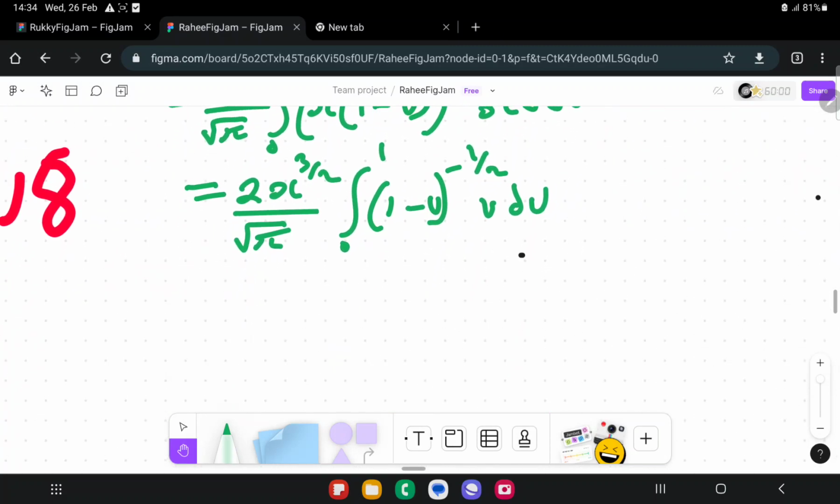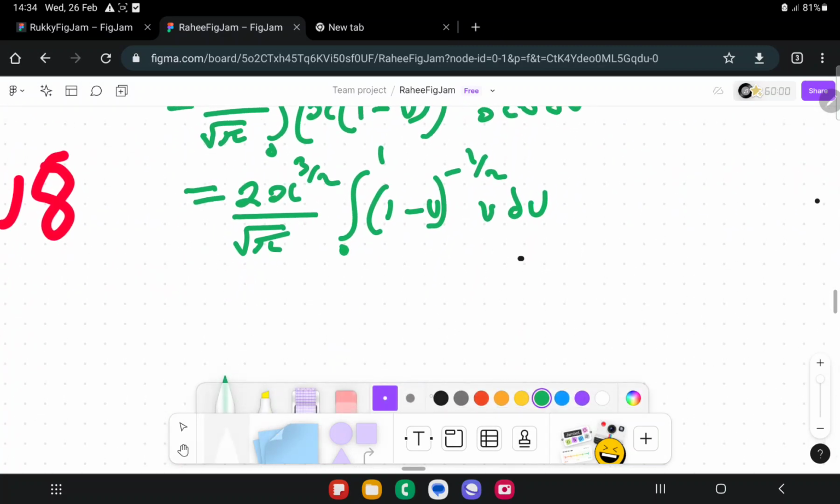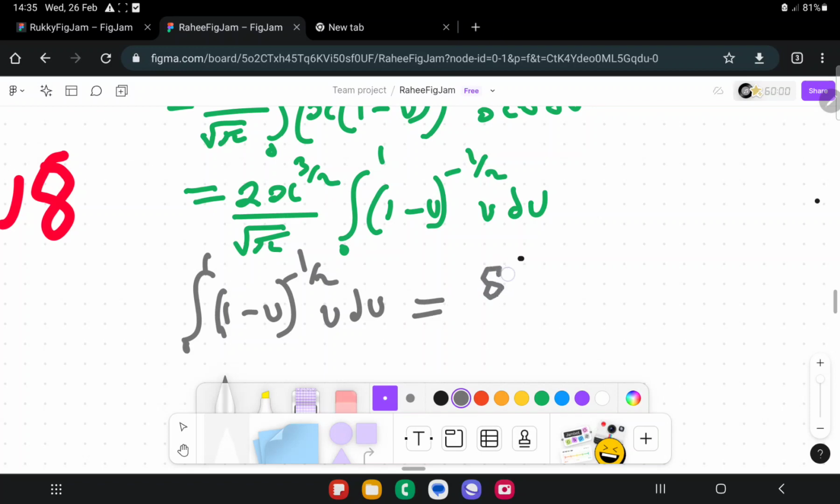Now in our previous example, we have already established that our integral from 0 to 1 of 1 minus u raised to power negative 1 over 2, u du, is 8 all over 3 times the square root of pi.